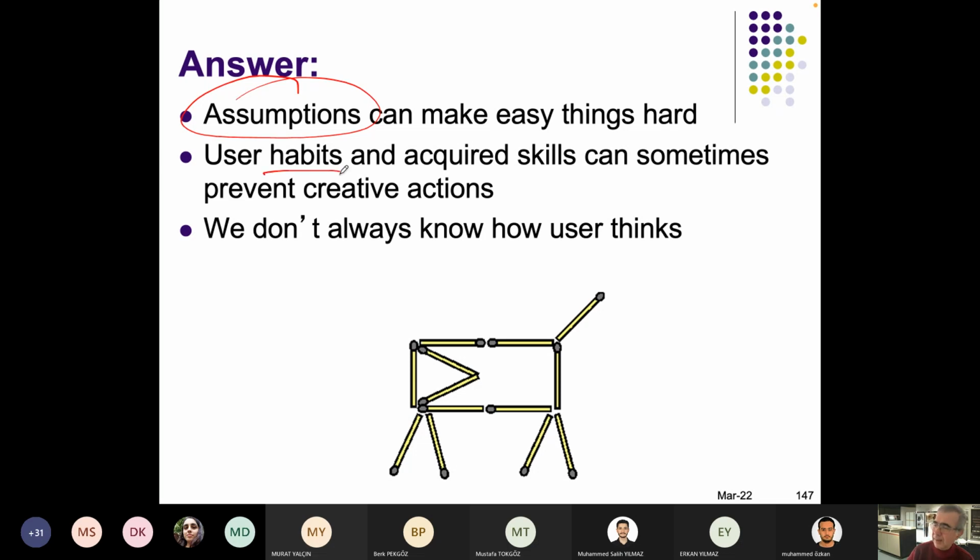So habits and acquired skills can sometimes prevent creative actions. There are different ways of behaving, and habits and skills prevent that kind of action. That's not a negative issue. It's only for our understanding because we are going to design the user interface. And therefore, we don't always know how the user thinks.